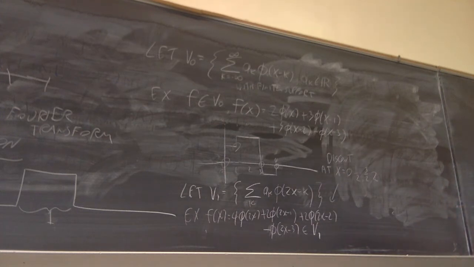So V1 describes piecewise constant functions that can have discontinuities at the half integers, which can include the integers also. So there's a wider set of possible jumps. Okay. So any questions about how these functions behave?